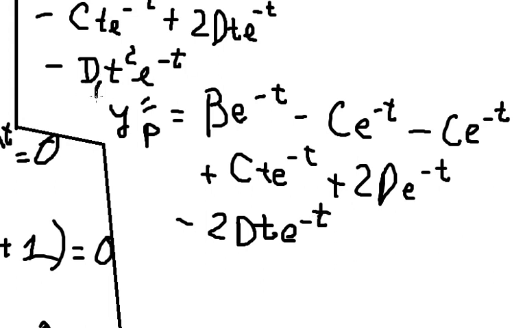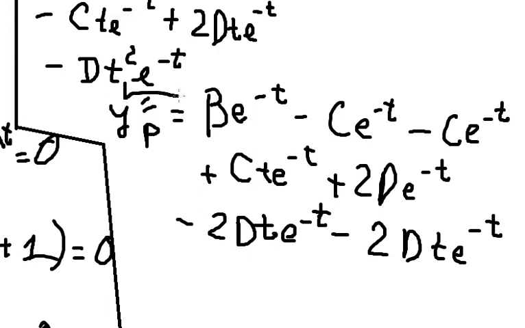Now we go to this one in here, so you get negative 2d t e to the power of negative t. Later, we do the derivative of this one, you get positive d t squared e to the power of negative t.